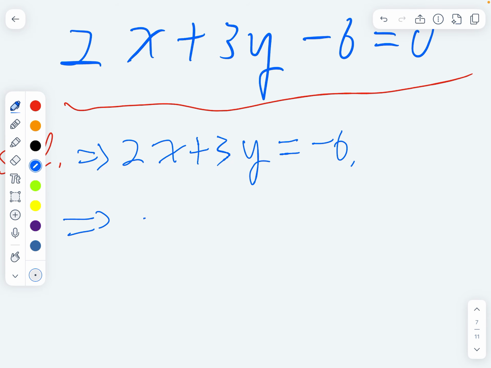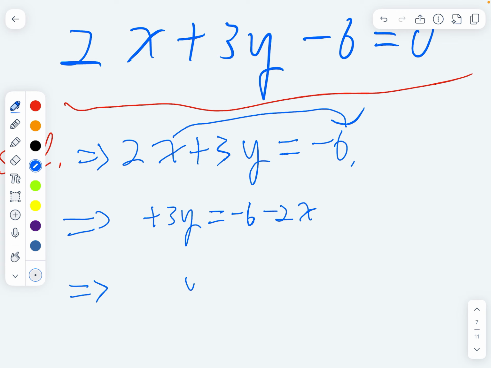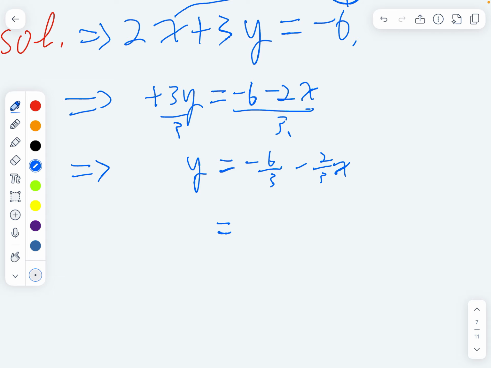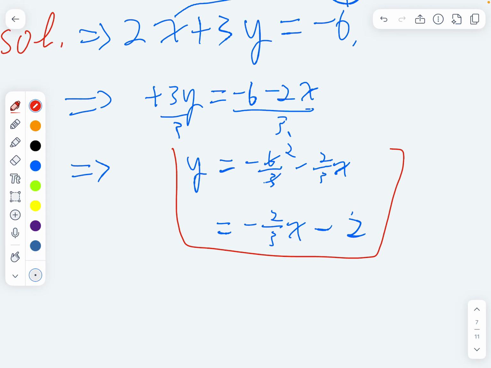The next step is to move the 2x to the other side, then divide by 3. And note that this equals 2. So that's the final answer.